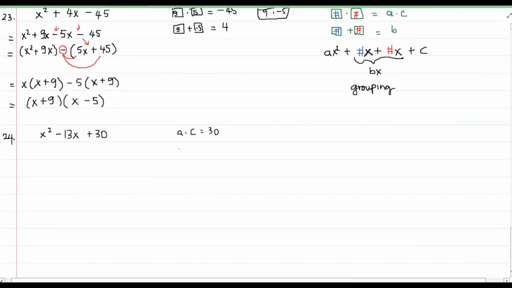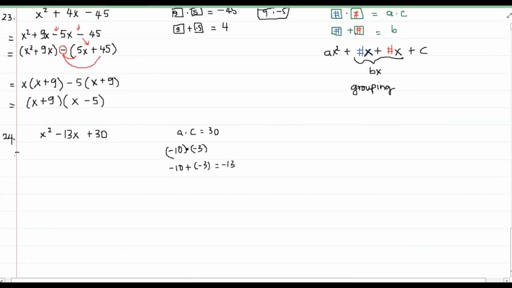And then negative 10 times negative 3, also 30, right? But then their sum is negative 13, and that's what we want.